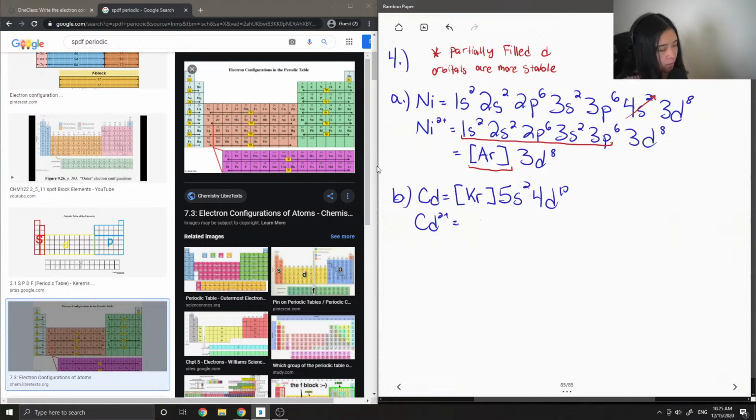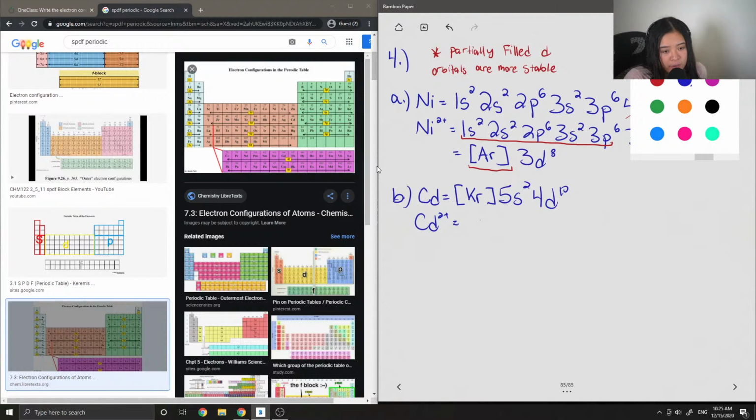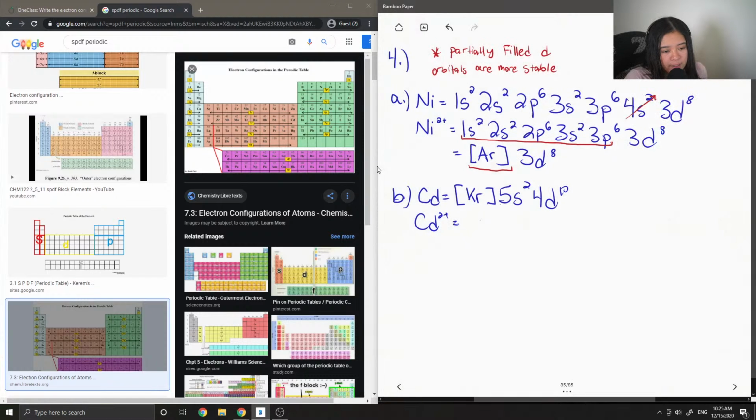Again, when we have a filled d orbital, this is more stable than a filled s orbital, so we'll be taking 2 electrons from the s. The electron configuration for cadmium 2+ is krypton and then 4d10.